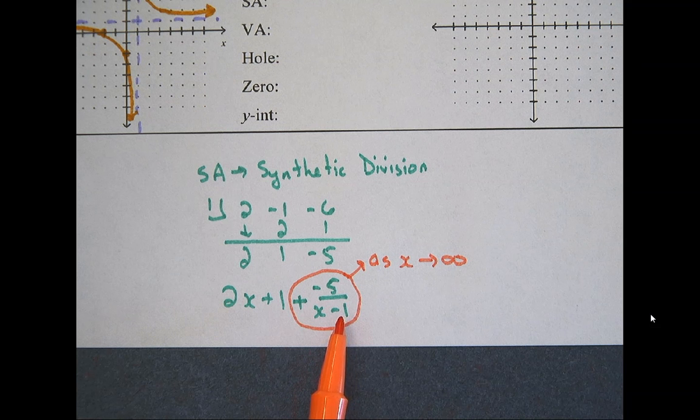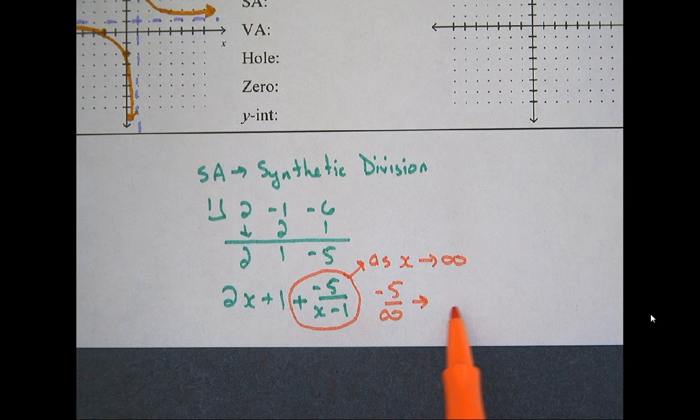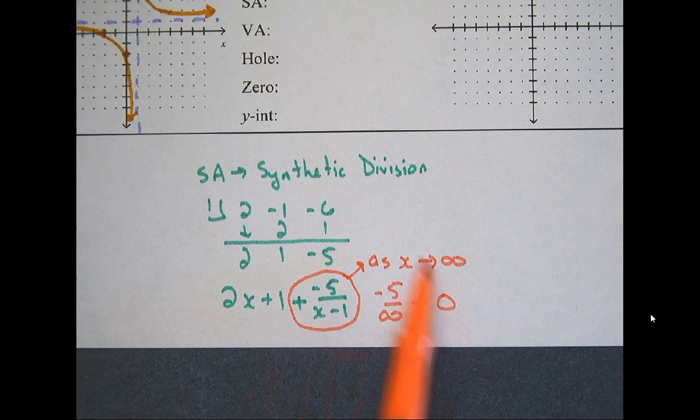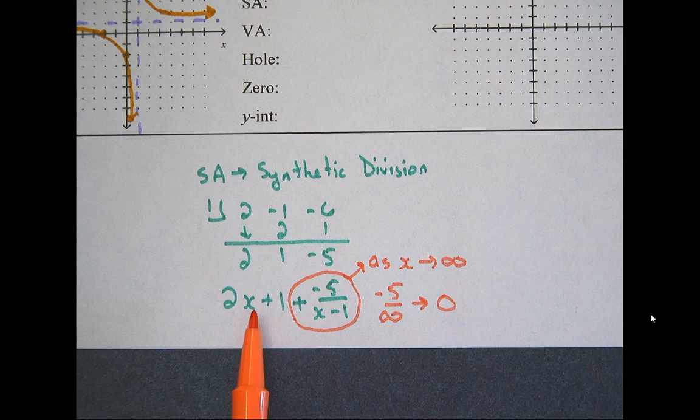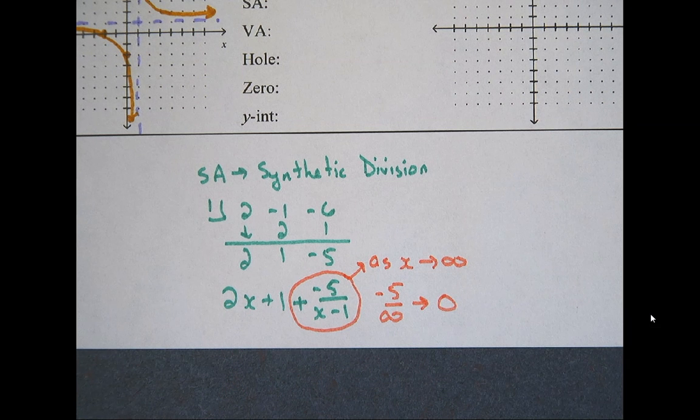Well, it's still infinity. And I would end up with -5 over infinity, which tends towards 0, which means this whole piece basically disappears. So this section disappears, which leaves me with 2x plus 1. That 2x plus 1 is my SA.